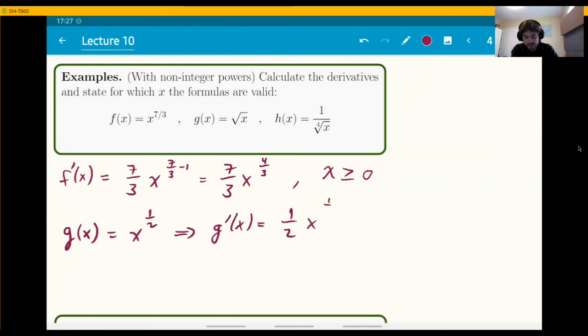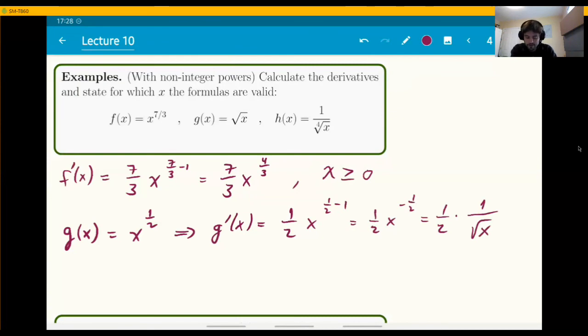1/2 x to the 1/2 minus 1, which is the same thing as minus 1/2. So you might want to write this in this form. You have 1/2 in front times x to the minus 1/2, which is the same thing as 1 over x to the 1/2, which is square root of x.